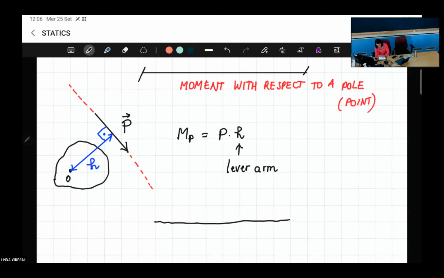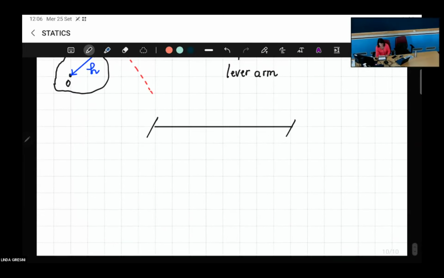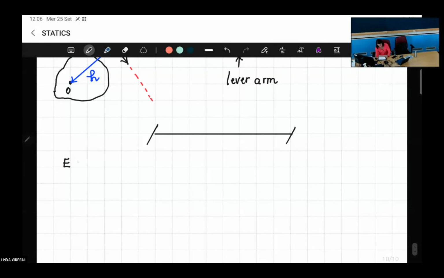So now, with this definition, we are ready to solve an exercise considering also moments. So let's see this example. We have a rigid beam like this.